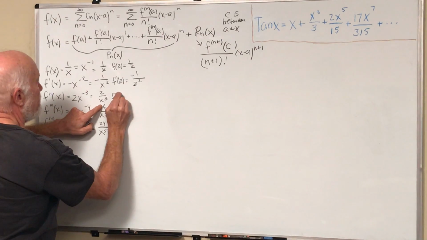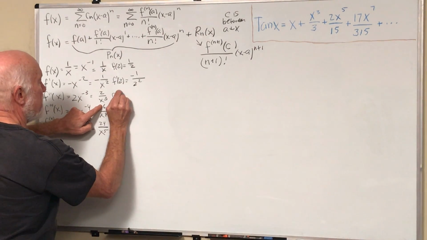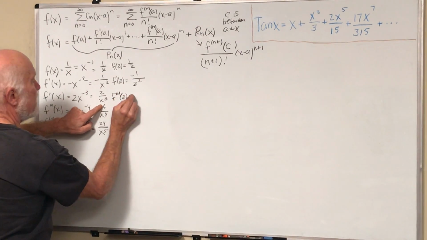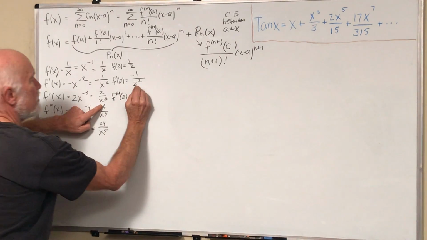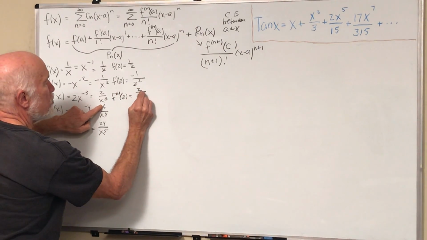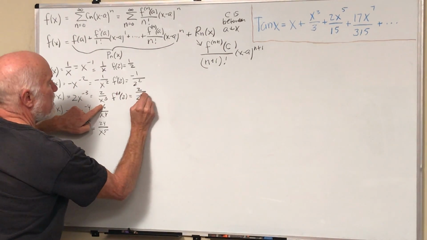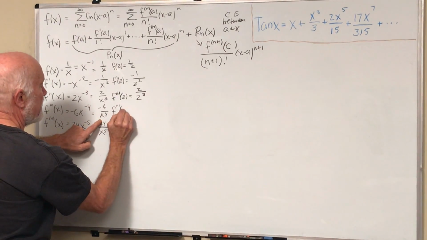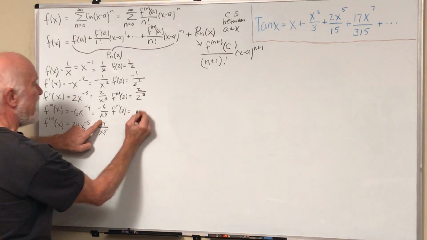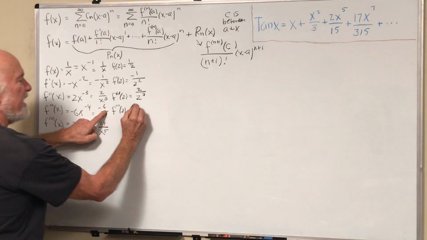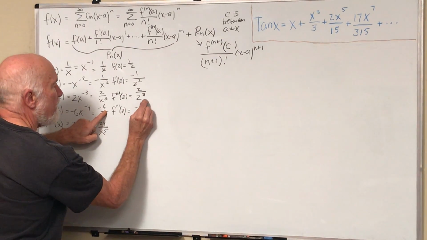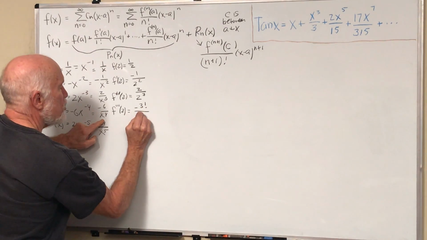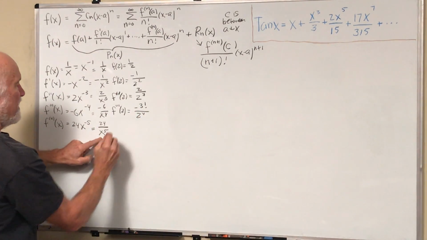F double prime of 2 is going to be 2 over 2 cubed. And then the third derivative is negative 6, but I'm going to call that negative 3 factorial over 2 to the fourth.